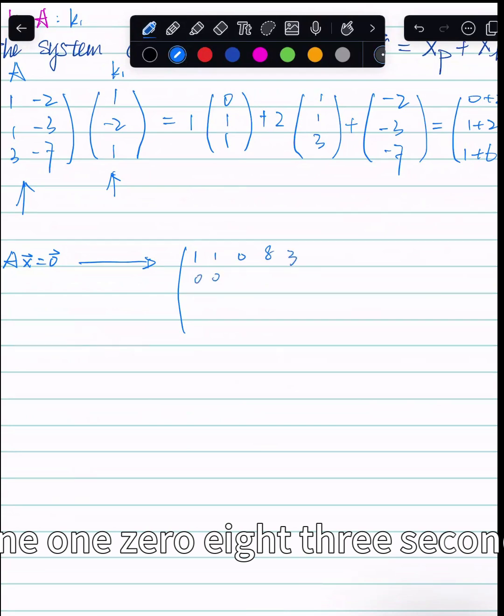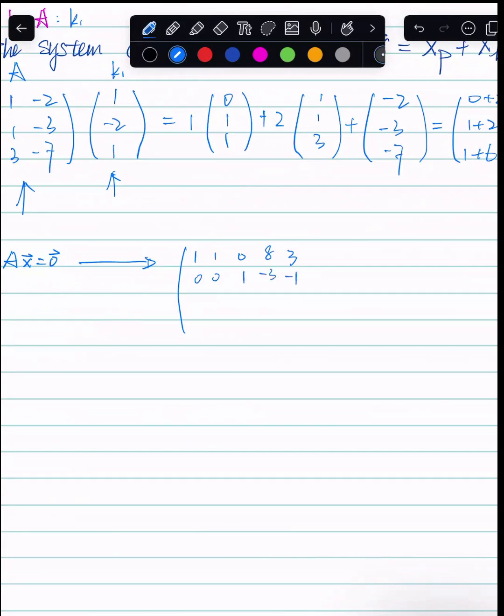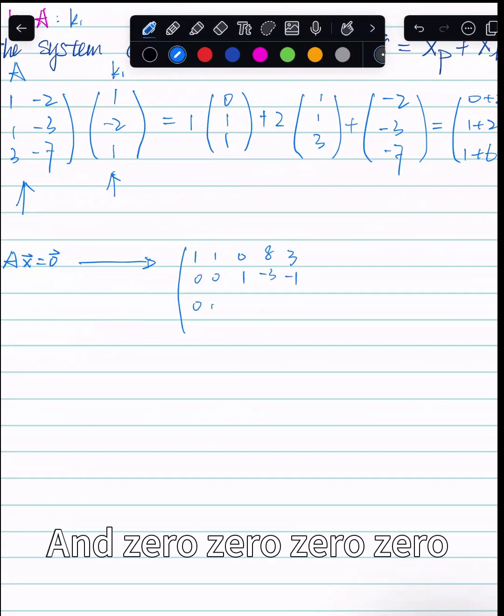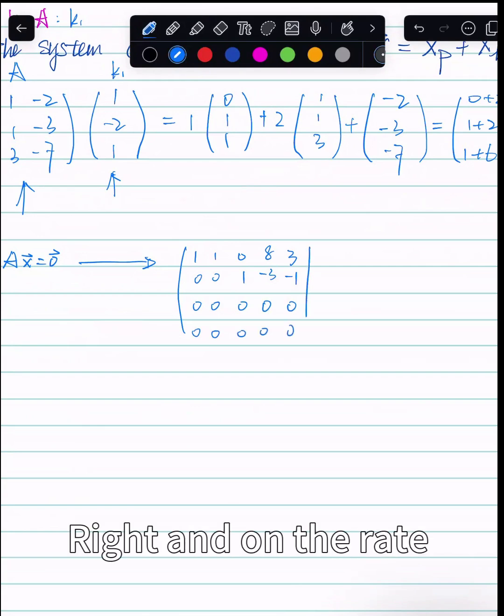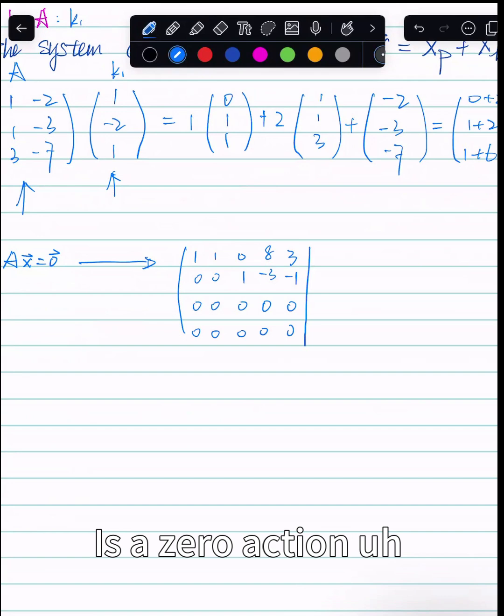Second row 0, 0, 1, negative 3, negative 1. Then the rest rows are all zeros. And on the right is the 0 vector.